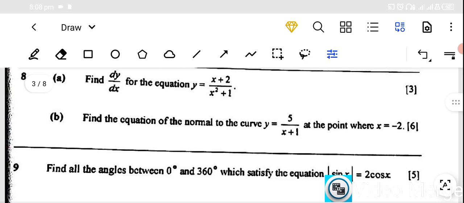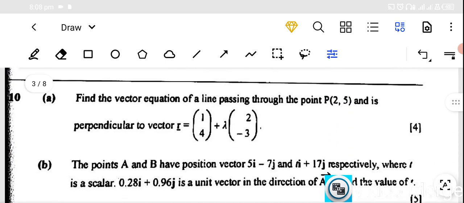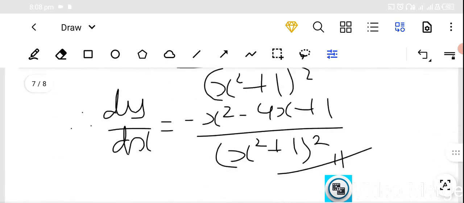So the equation is y is equal to 5 divided by x plus 1, and that's the equation of the curve, and I want us to find the equation of the normal to the curve.